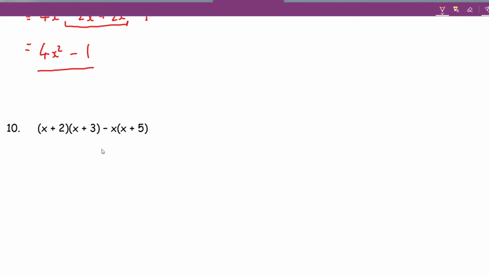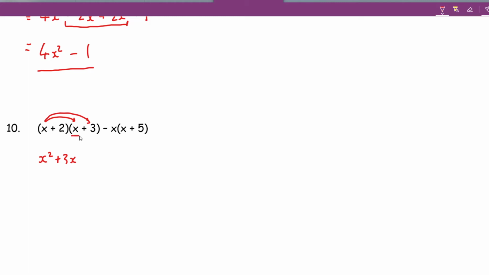Question 10. Now, it looks difficult, but don't panic. It's just trying to amalgamate two of the expansions which we just did above. You expand this, and then you expand this separately, and then you collect the like terms. So let's just expand this first of all. x times x, which is going to give me x squared, and then I'm going to get x times 3, which gives me 3x.